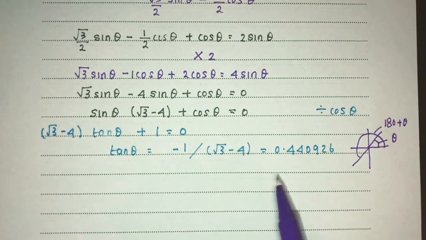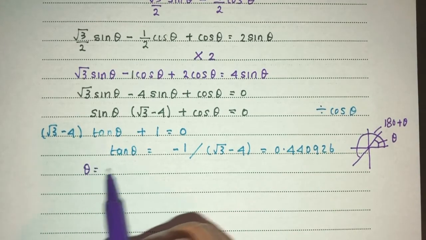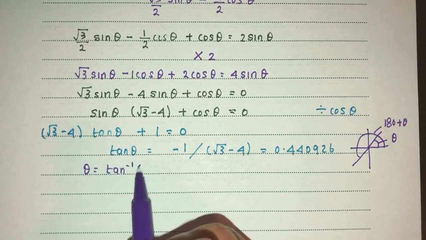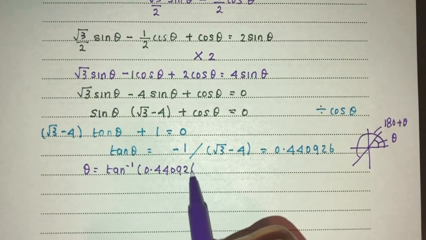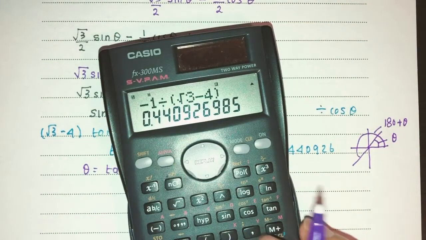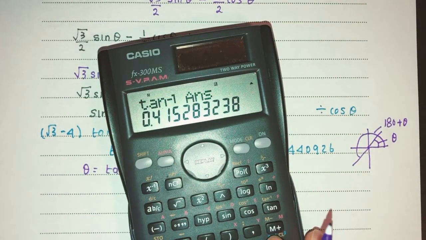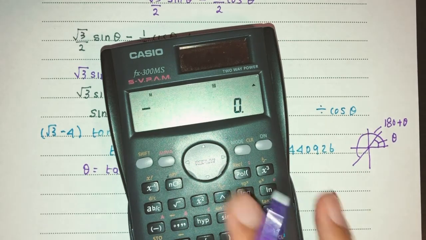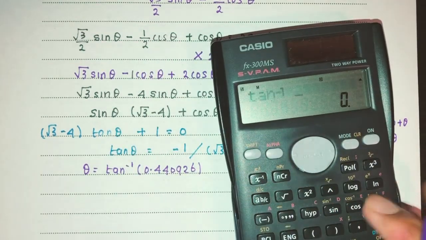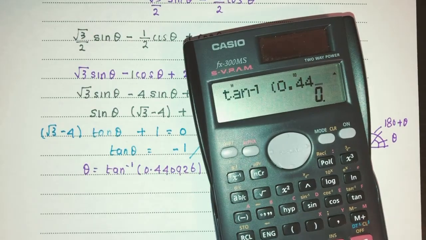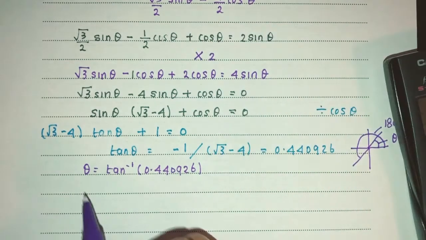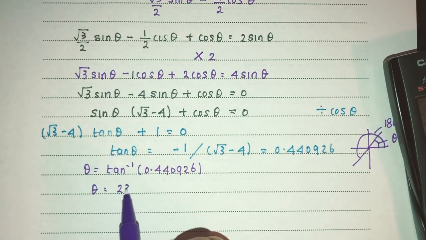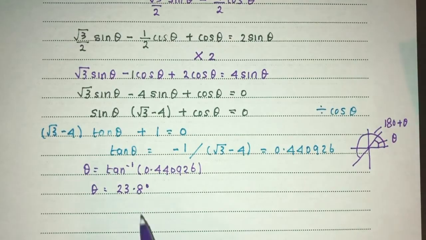So step by step, let's find the value of theta. That will be tan inverse of this one. We have to use degrees, not radians. Tan inverse of 0.440926 will be 23.8 degrees.